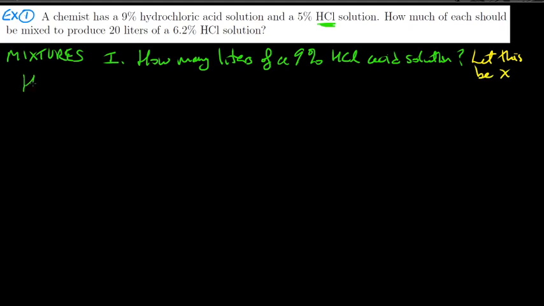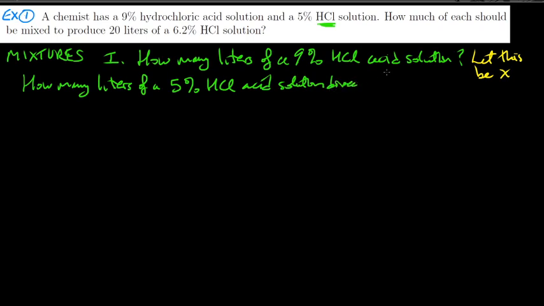And the second question is how many liters of a 5% hydrochloric acid solution do we need? So let's call this Y. And you can see I'm getting lazy here, but maybe we should write this out.